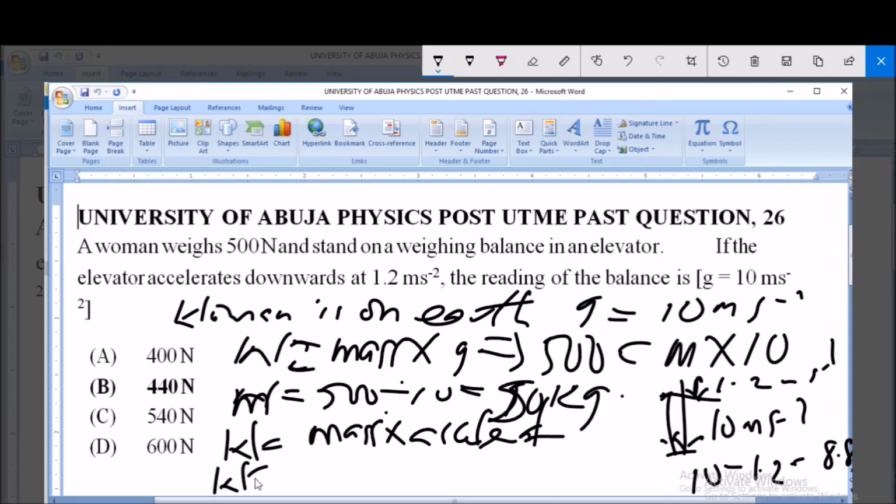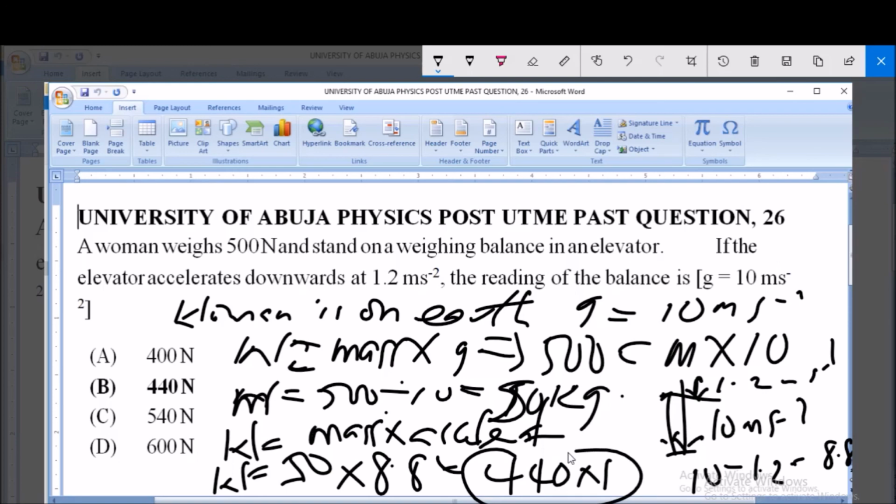So the weight will be 50 kilogram multiplied by 8.8, and that will give you 440 Newton. 440 Newton is the same as option B, 440 Newton. This is the correct answer.